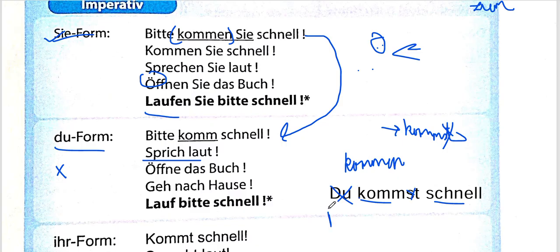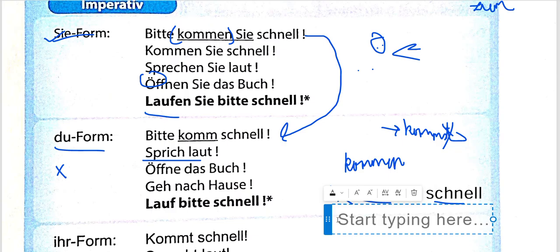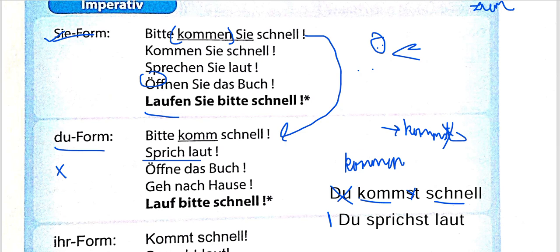Sprich comes from sprechen. So, "Du sprichst laut". What I will do over here is eliminate the du and remove the st, so I'll get "Sprich laut".